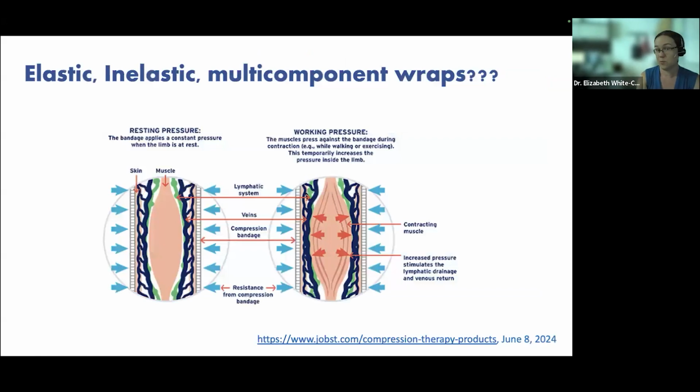So why do we care whether it's elastic, inelastic, multi-component? With the Una boot or the Duke boot being an inelastic system, when the patient's just sitting there not doing anything, it has a low resting pressure. But as soon as they start walking, because it's a stiff system, very high working pressure. While a multi-component or both elastic and inelastic does a more even pressure throughout, both with resting and working pressures.